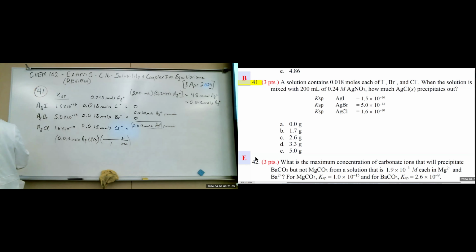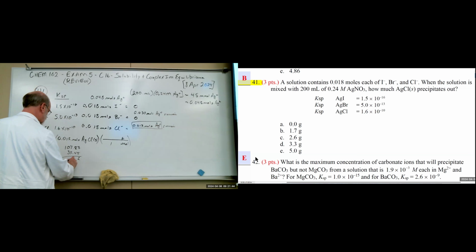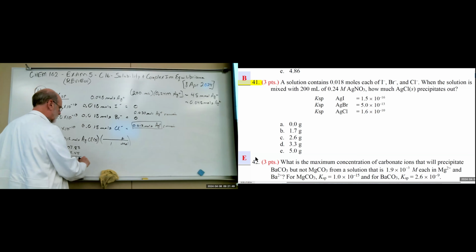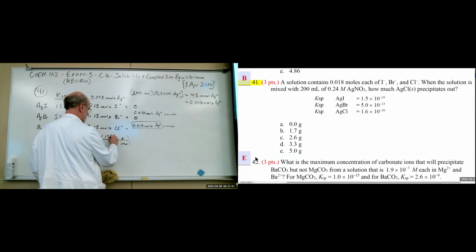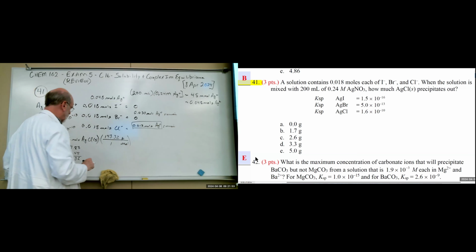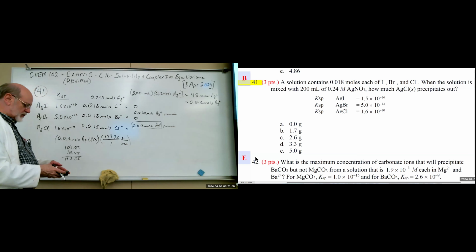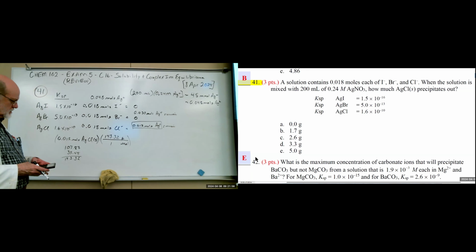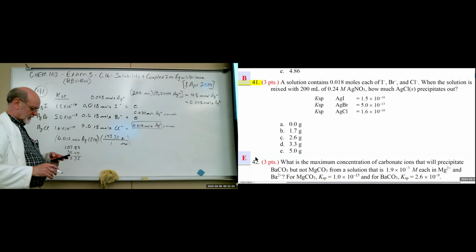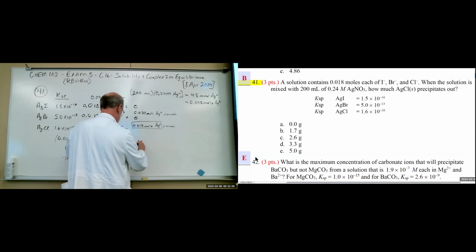Silver is 107.87 grams per mole, and chlorine is 35.45, so that's 143.32. 143.32 times 0.012 is 1.7 grams.